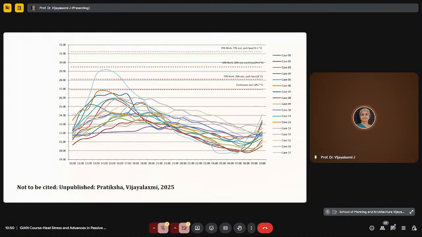But both tin and terracotta roof tiles record the lowest WBGT values from 4 o'clock to 7 o'clock in the morning. All remaining households accommodate their WBGT values within these extreme ranges during the daytime.